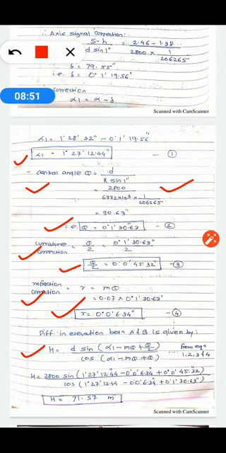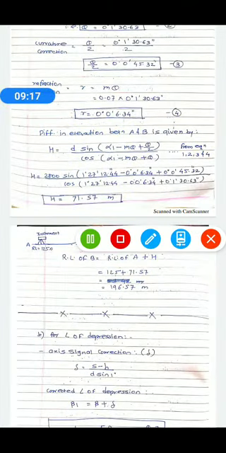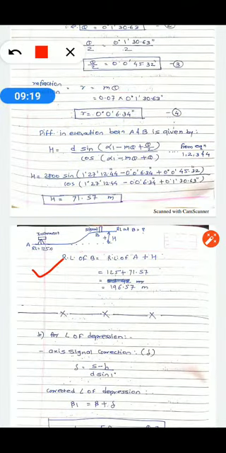Now according to equations 1, 2, 3, 4, we have all the values, that is the value of alpha 1, then the value of theta, then the value of D. Put those values in the given equation. After putting and solving, we get H equal to 71.57 meter.